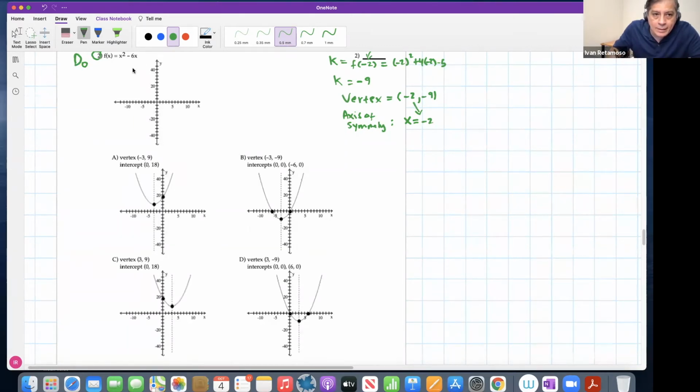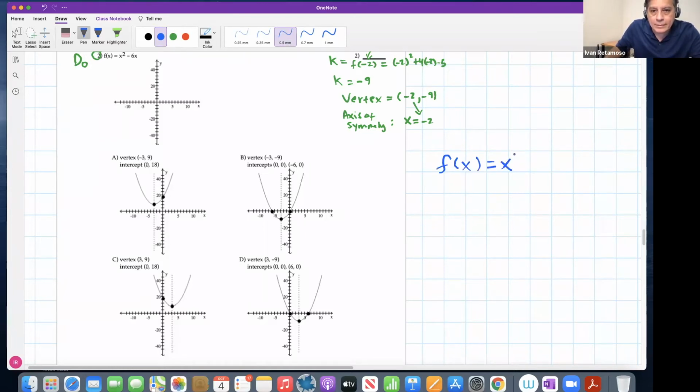It clearly opens upward because a is 1. And with that, you should be able to graph this parabola. Let's do it here.